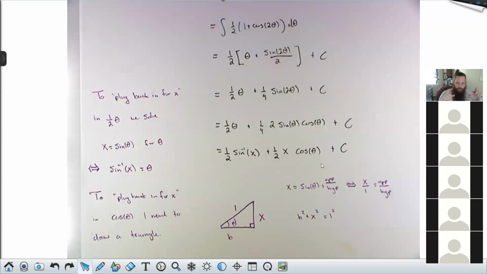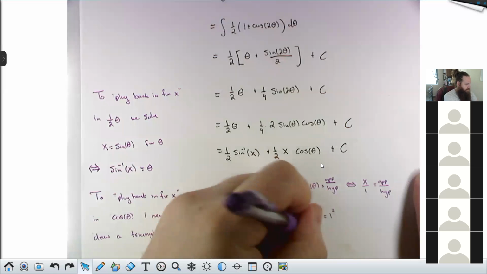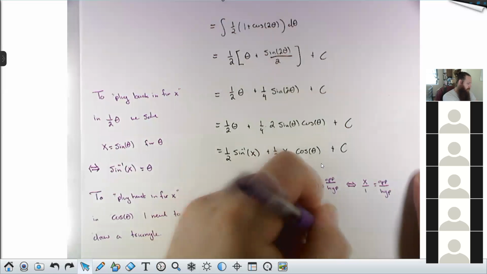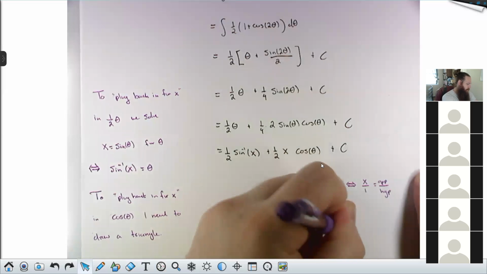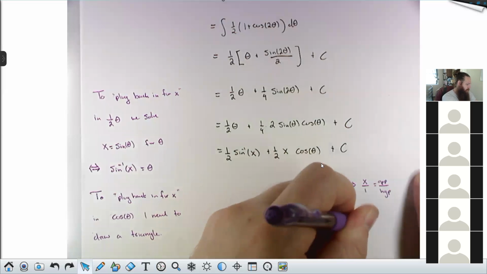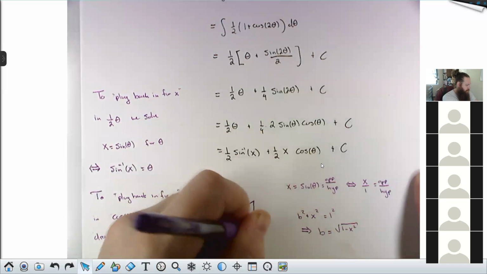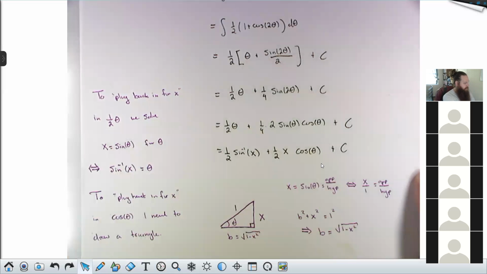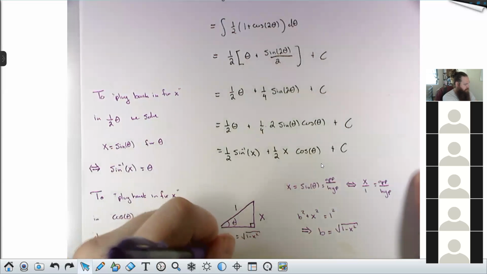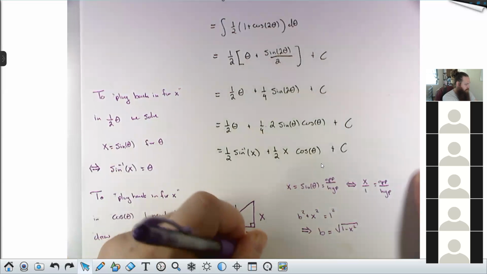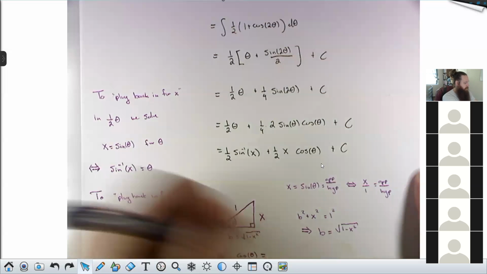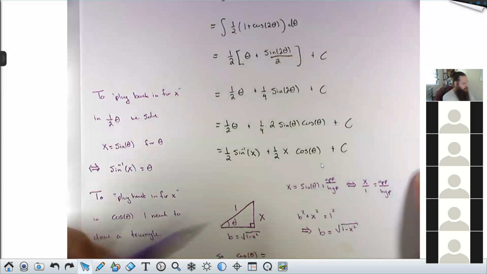It goes in the same little box with the sub and the differential. We solve the triangle. Here I'll see that b is the square root of 1 minus x squared. So that's the missing side length here, square root 1 minus x squared. Which means that cosine of theta, which is always the adjacent over the hypotenuse, is this over 1.